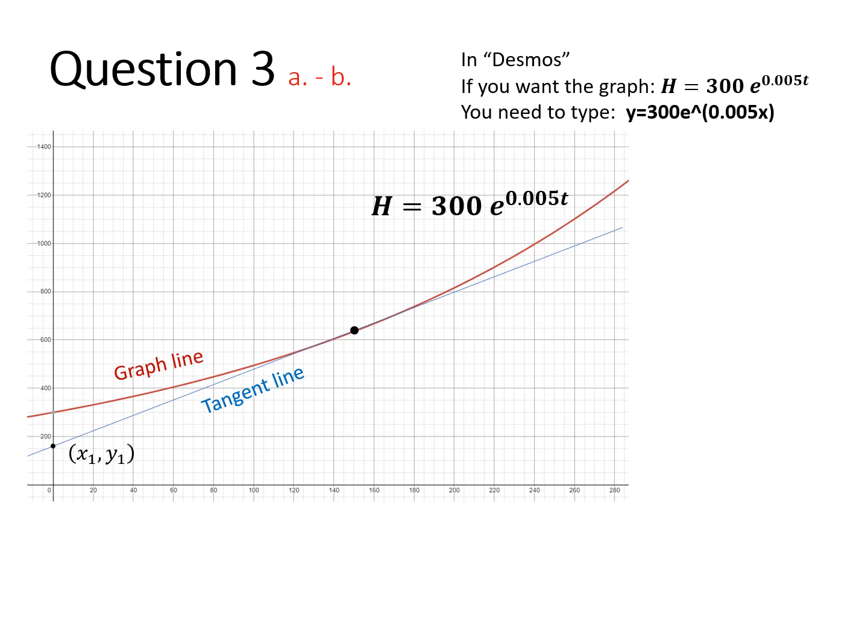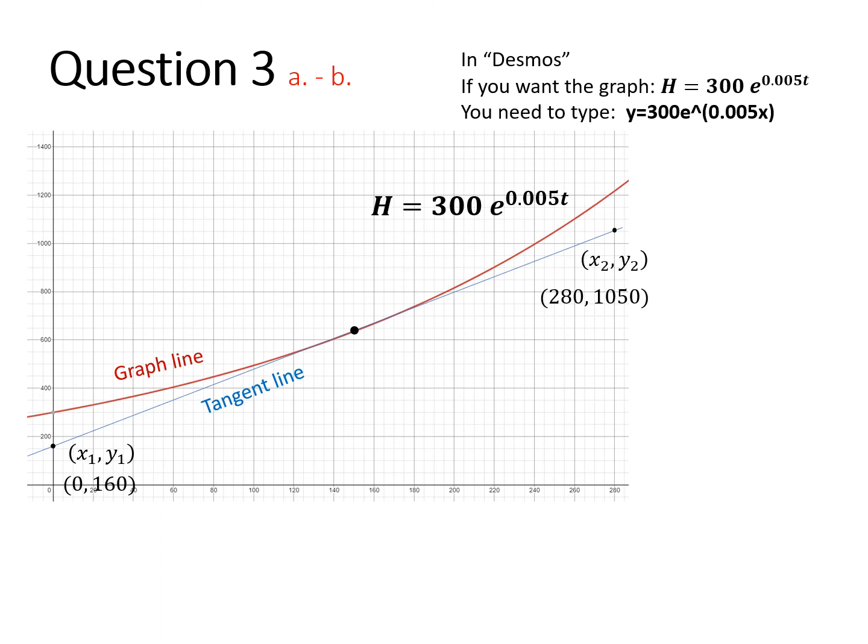I've called that my first point, x1, y1. The coordinates of that point are roughly 0, 160. Then I've chosen another point on the other end of the tangent line on this graph, which is my x2, y2 point. The coordinates of that point are 280, about 1050.